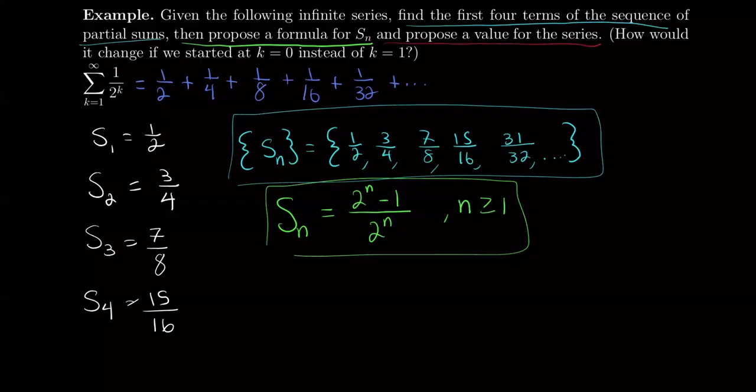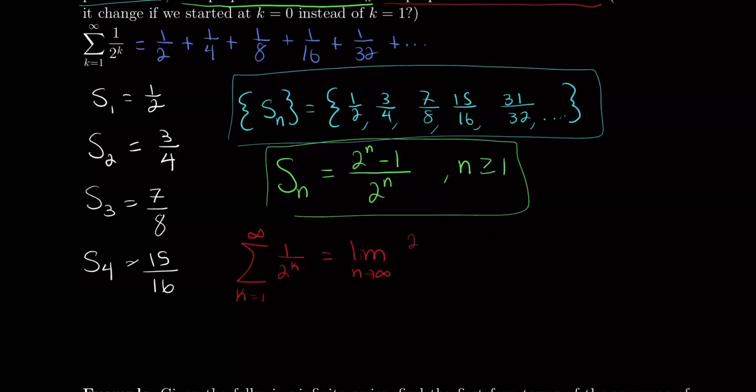And now let's do the next part of the question, which is propose a value for the series. So the main thing so far is the infinite series is equal to the limit of the sequence of partial sums. And we found a formula for the sequence of partial sums, so I can replace that with its formula. Then I can do my calc 1, calculate this limit.